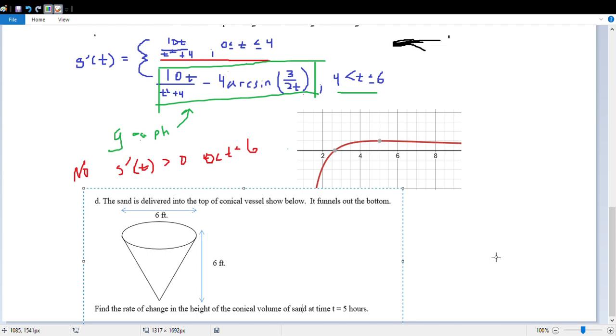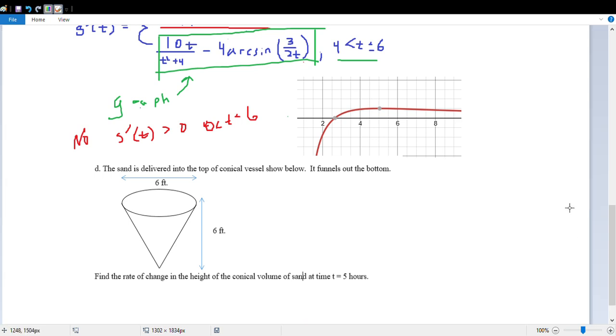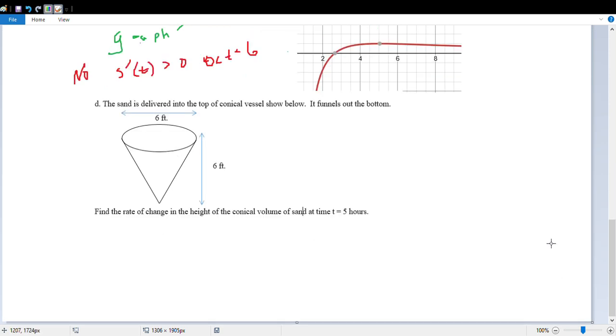All right, there's our last portion here. Let me just give us a little bit more room here to work. We have the sand is delivered into the top of a conical vessel shown below. It funnels out of the bottom. We're going to find the rate of change in the height of the conical volume of sand at time 5 hours. All right, well, let's start with the volume formula for a cone.